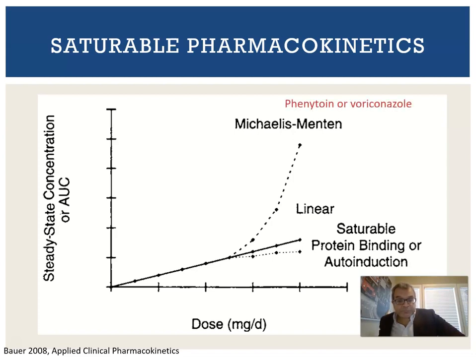Carbamazepine actually induces its own metabolism, and the higher the concentration, the faster the elimination. As you can see here, there is less than proportional increase of concentrations. So for these drugs with unpredictable pharmacokinetics, I think it's reasonable to use TDM.